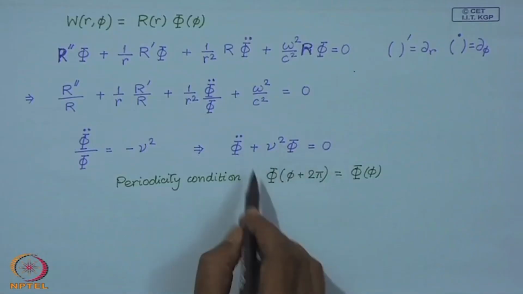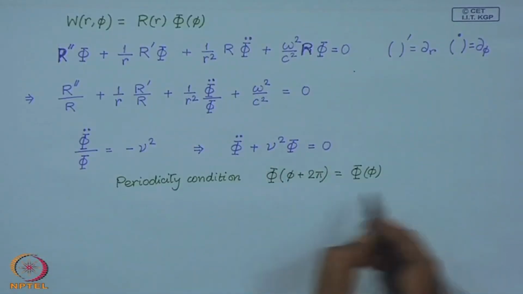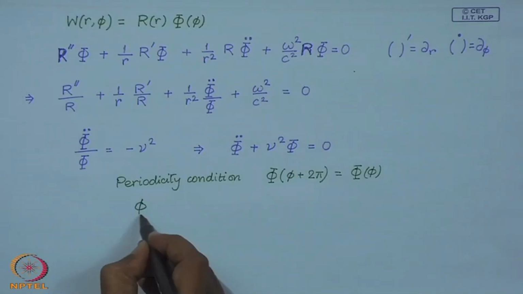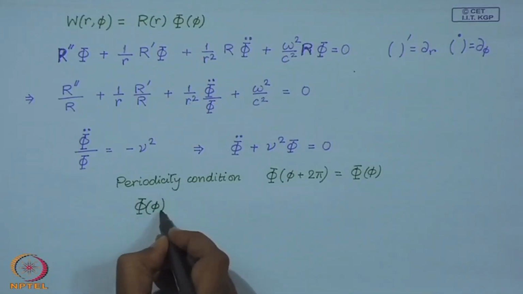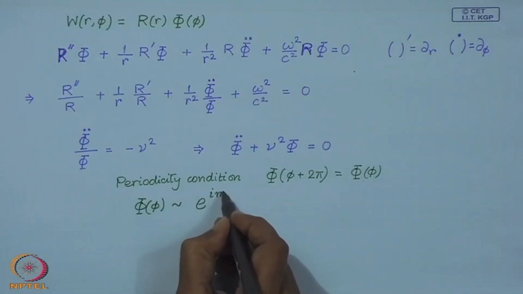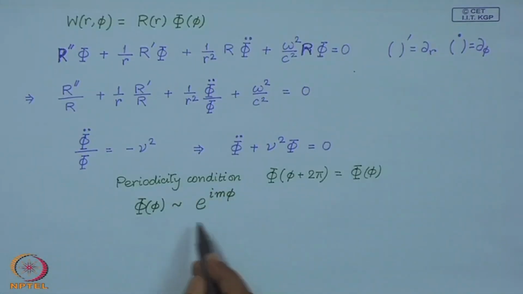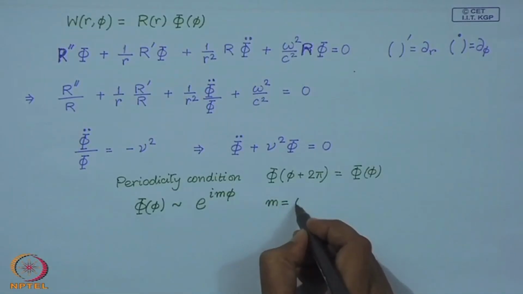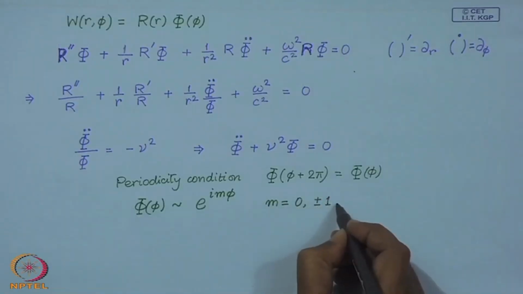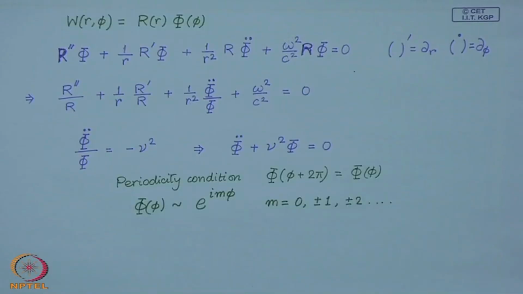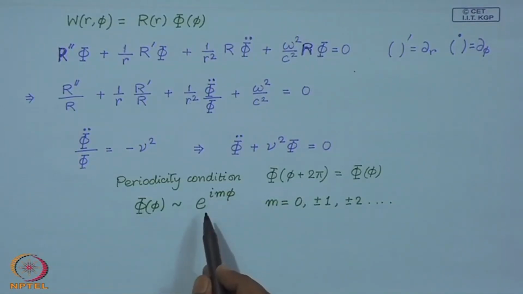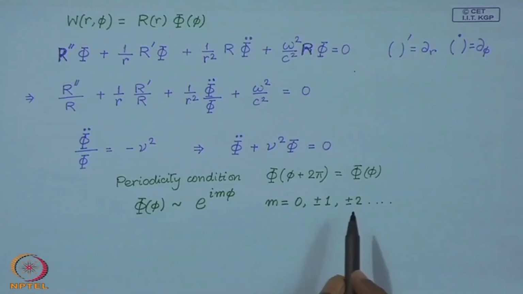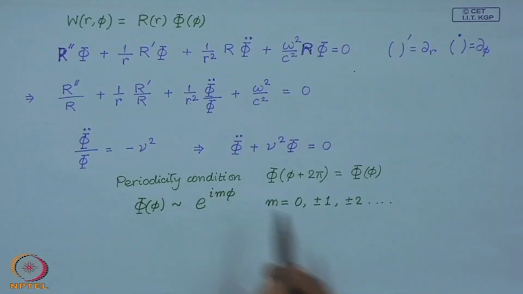That can be ensured when Phi is proportional to an exponential i m phi, where m can be zero, plus or minus 1, plus or minus 2, etc. So, we must have solutions in terms of cos m phi and sin m phi, which can be written in this complex form.